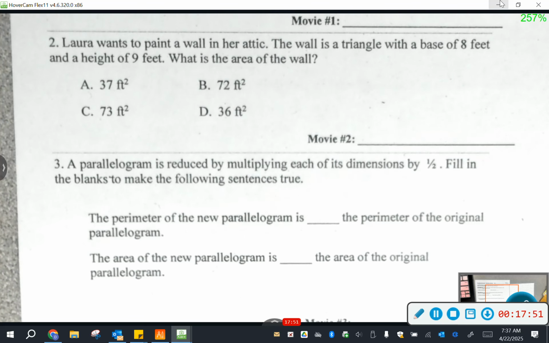Remember, I need to see work. Be careful, it is a triangular wall, not a rectangular wall. Triangular wall.